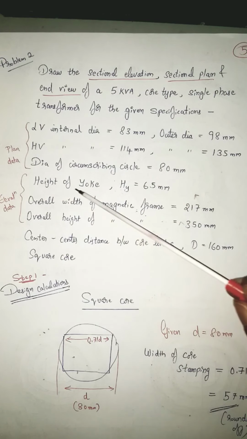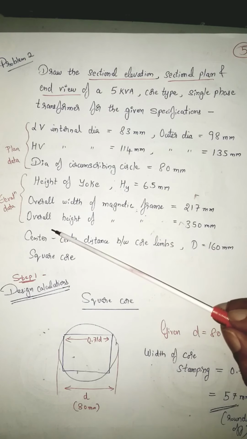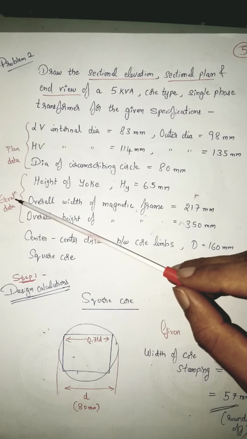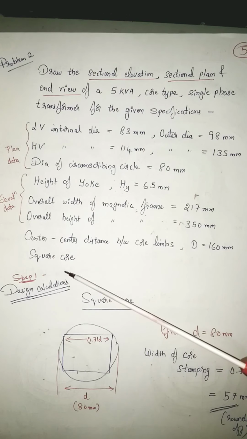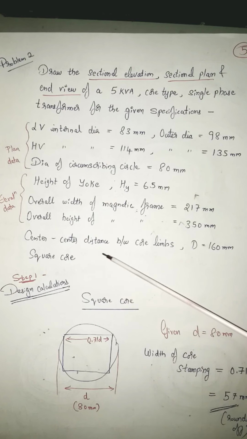Next, height of the yoke, overall width of the magnetic frame, overall height of the magnetic frame, these data are required for drawing the elevation. And you very well know that square core, nature of core is very much important for drawing the plan. And center to center distance between the limbs is given as 160.